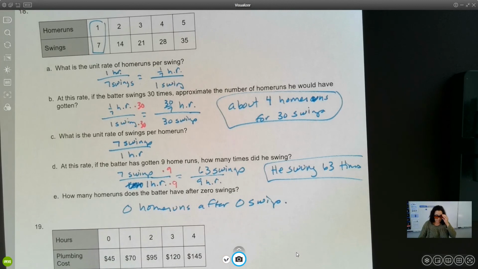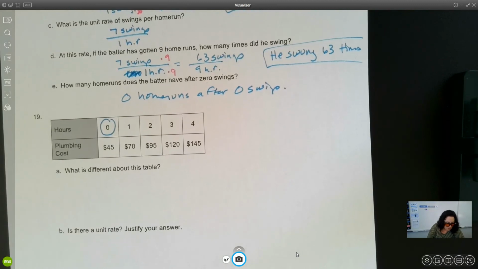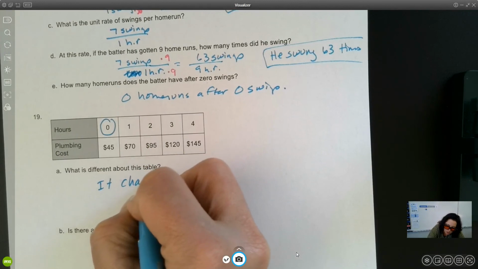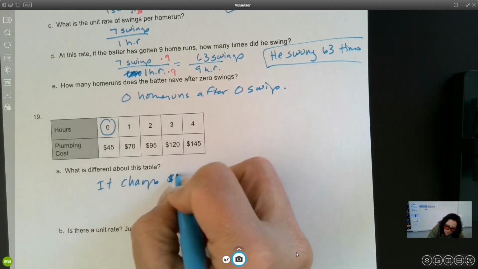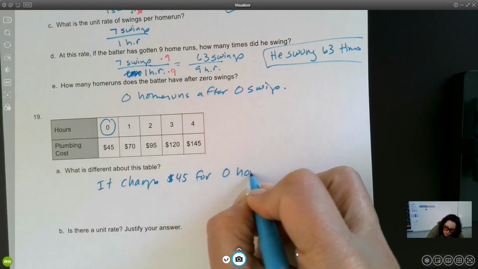Okay, let's look at this guy. What is different about this table? Okay, well, looking back at all the other problems, I haven't seen a 0 in any of these tables. Okay, so it charges $45 for 0 hours.